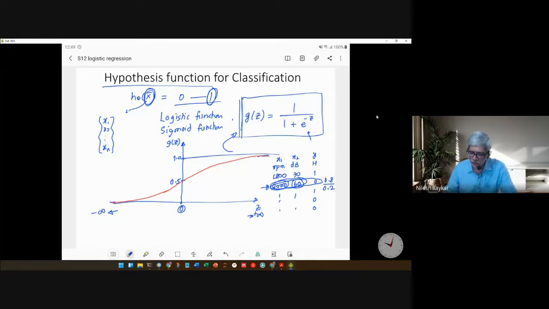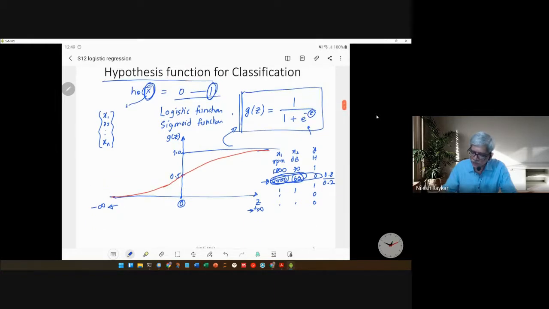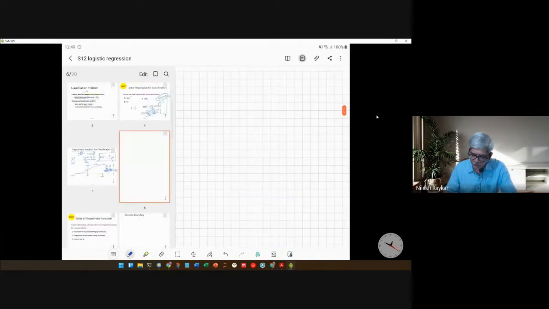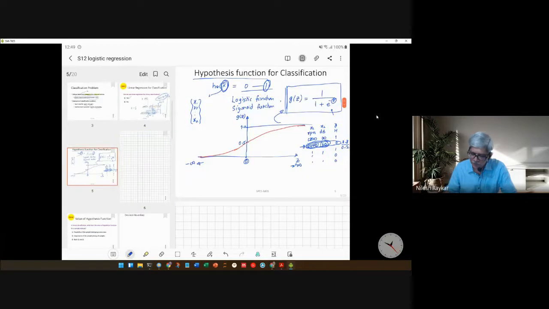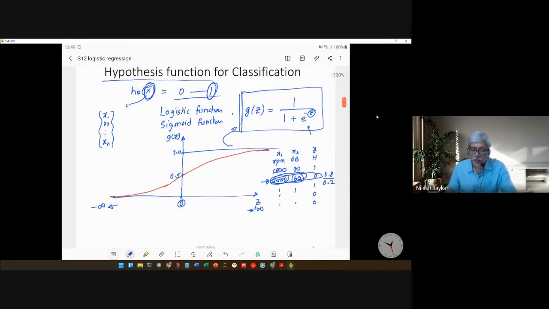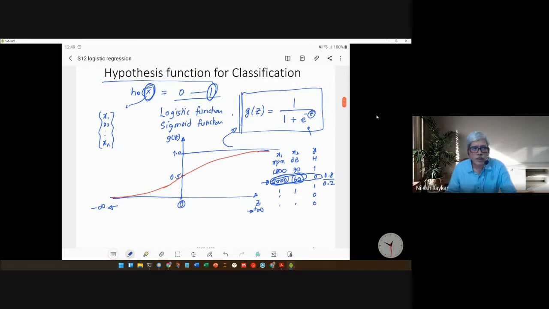Now, we have to supply the value of z. For the hypothesis function, we will require the x and the model parameters, theta, to be included.